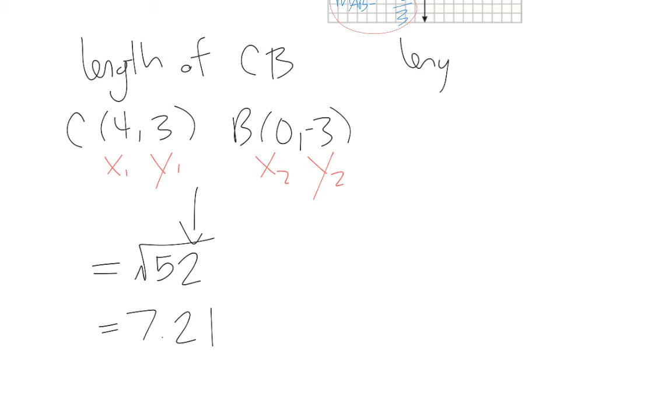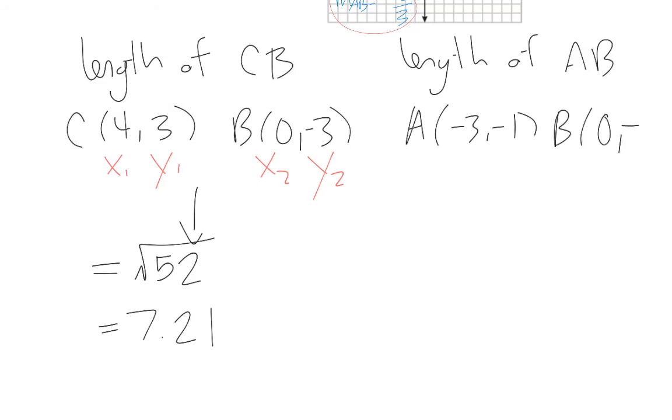I'm going to do the same thing for the other line segments. So I'm going to write the length of AB. So I'm going to write down my coordinates for A and B. So that is -3 and -1. The coordinates of B is 0 and -3. Again, I'm going to label these coordinates x1 and y1, x2 and y2. That makes life a little bit easier when I substitute in these values.